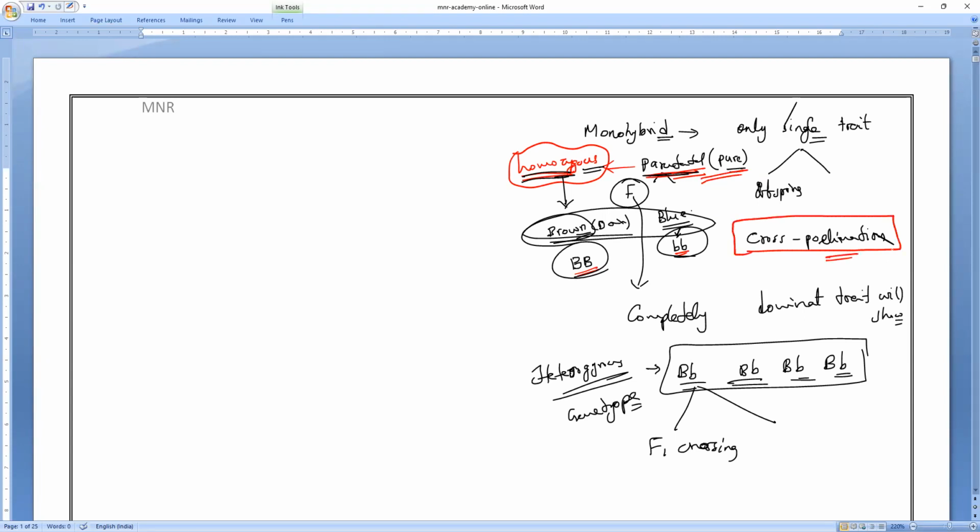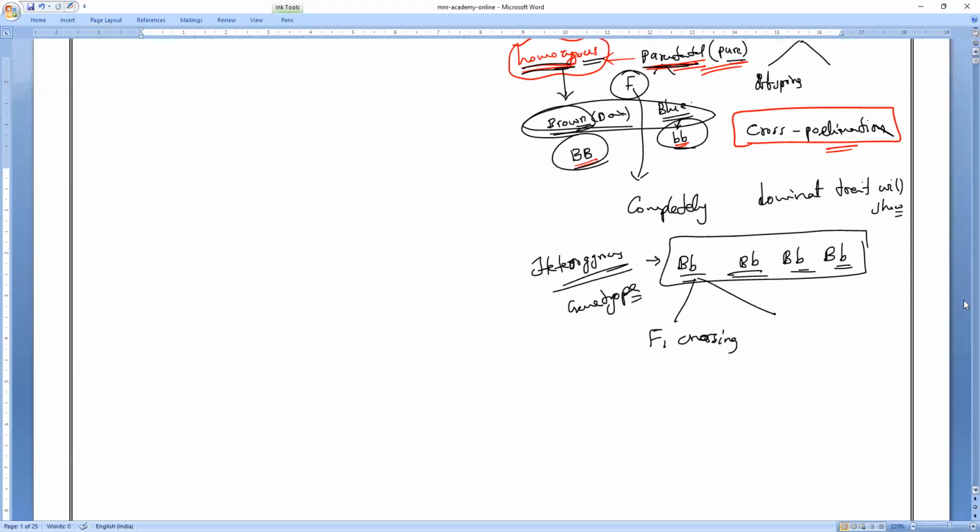It is never allowed for self-pollination. In the F1 crossing, you select any two plants, and the F1 crossing is self-pollination, because to observe more properties, he allowed self-pollination.